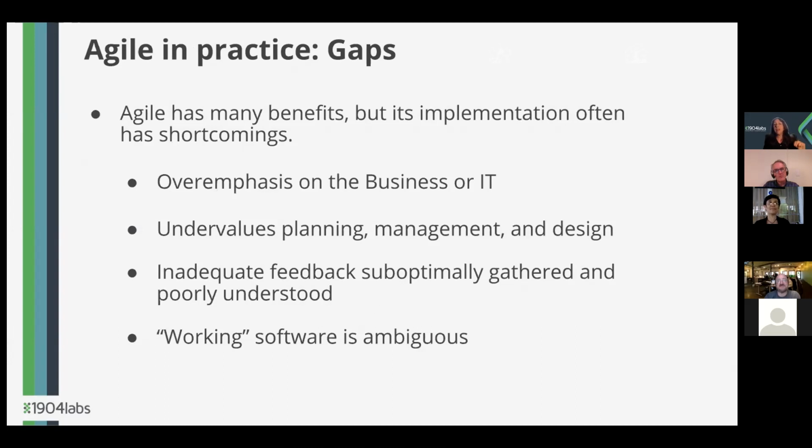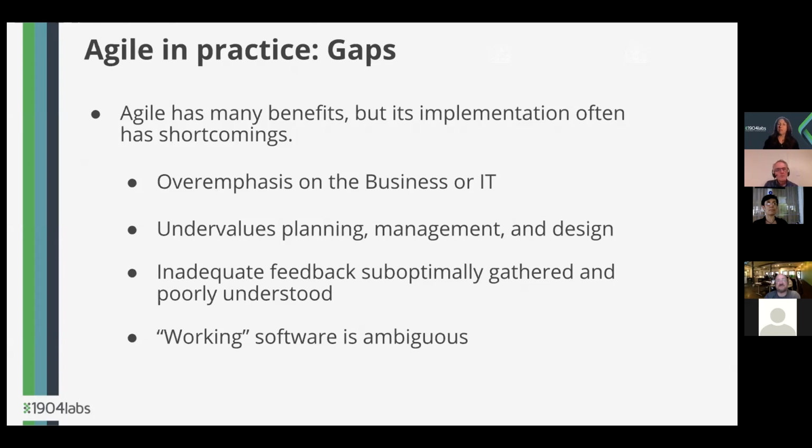There's an undervaluing of planning, right? Agile has a bias toward action, and the idea is move fast and just keep iterating. And so planning kind of goes out the window. There is value to planning, but there's really not a lot of it if you're really biased toward action and iteration.